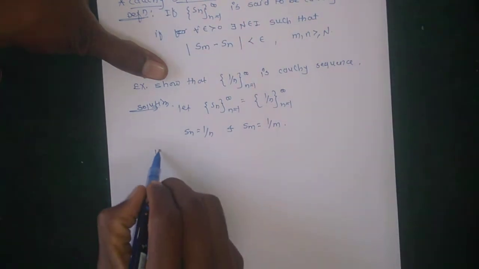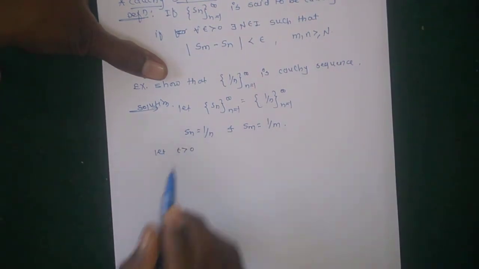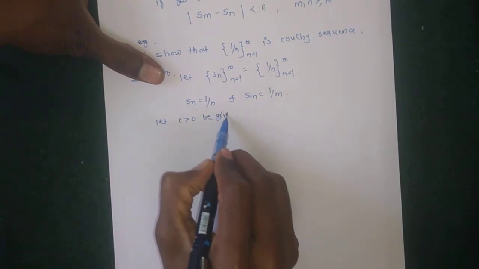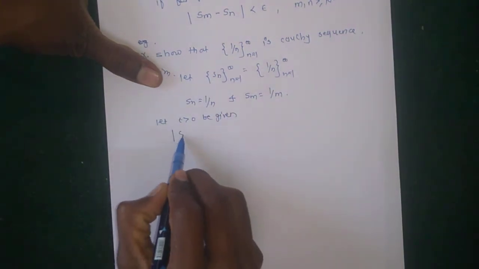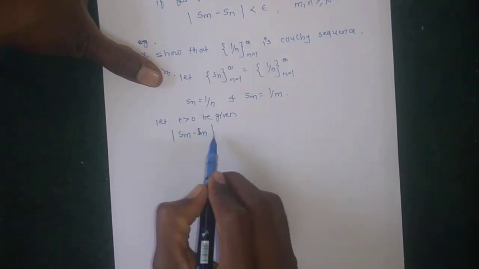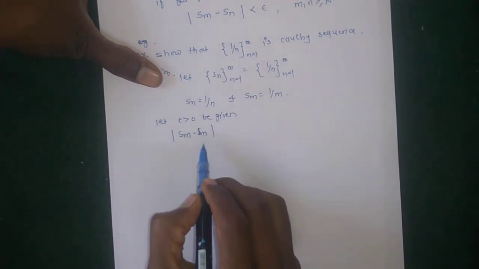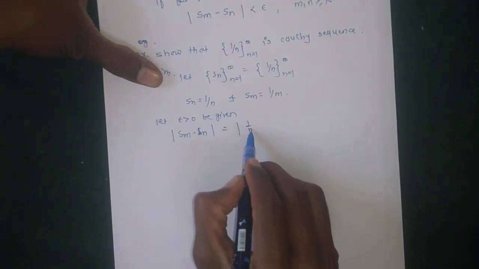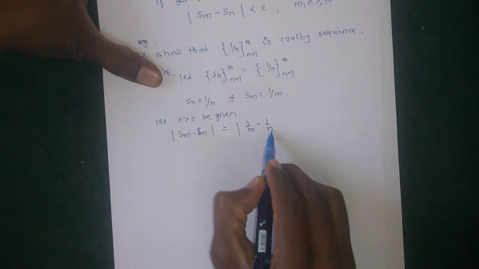So let epsilon greater than 0 be given. Then consider mod Sm minus Sn, which is equal to, putting in their values, 1 upon m minus 1 upon n.